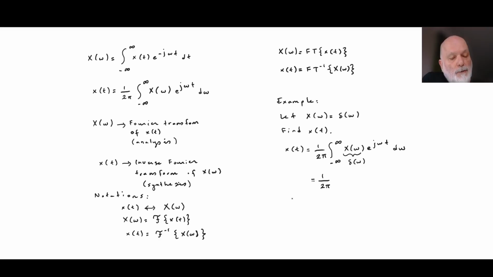So by using our notation, the Fourier transform of 1 over 2 pi is delta of omega. But if you do not like this 2 pi, we can write this equivalently in the following form. The Fourier transform of 1, the constant function x of t equal to 1 for all t, is equal to 2 pi delta of omega.